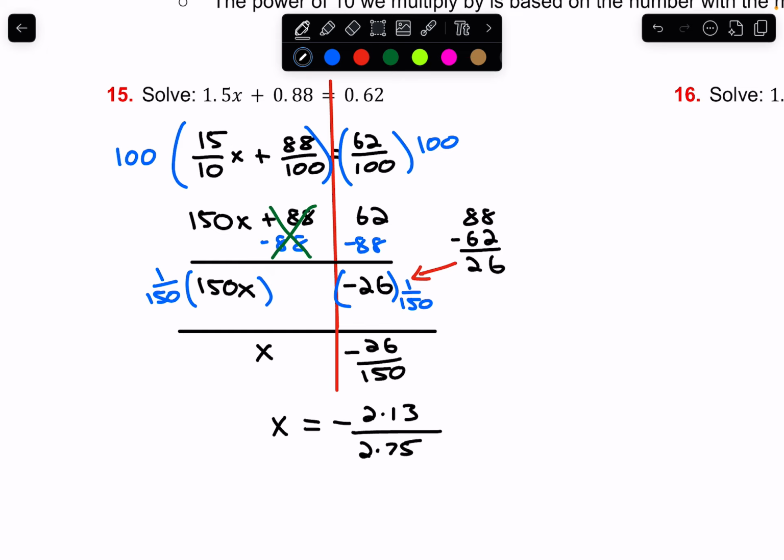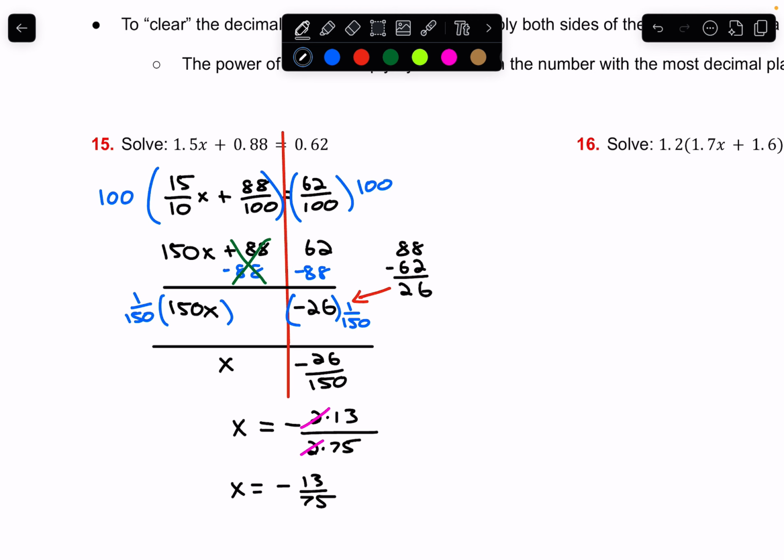And since 13 doesn't go into 75, I know that if I just cancel out these 2's right here, then I'm going to have my reduced fraction. So x is going to be equal to negative 13 over 75. If by chance we had something divisible by 13 on bottom, we would be able to keep going, but 75 is not divisible by 13.